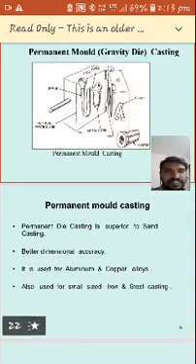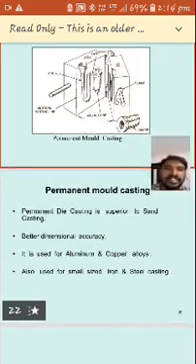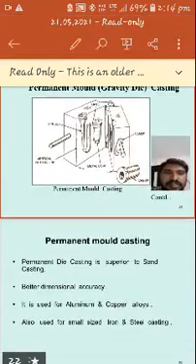A gate is nothing but the entry of the molten metal into the mold cavity. You can call it a channel, the entry stage. So the molten metal enters into the mold cavity and the mold cavity is filled.